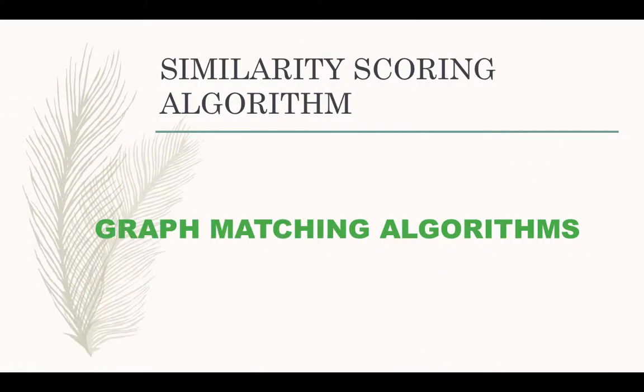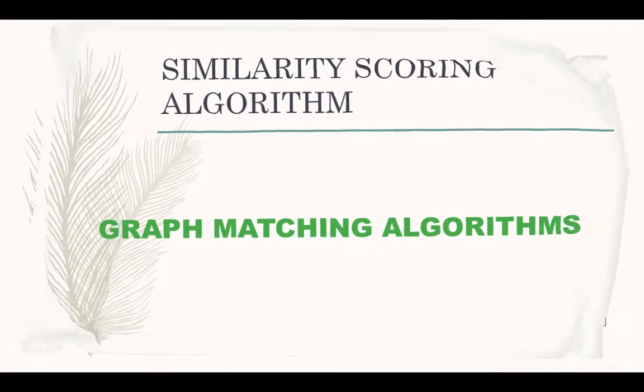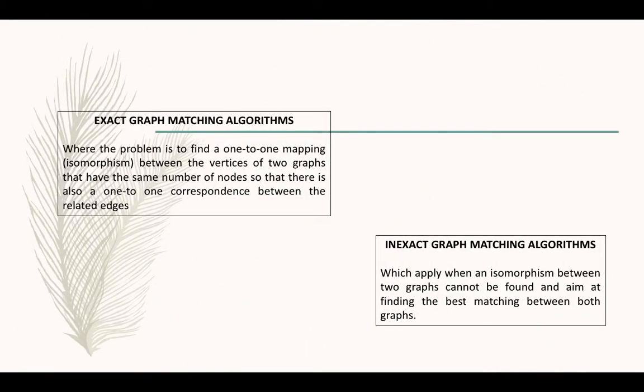Next, we see the similarity scoring algorithm in terms of graph matching algorithms. In graph matching, we have two kinds: exact and inexact graph matching algorithms. First, the exact graph matching algorithm, where the problem is to find a one-to-one mapping, an isomorphism, between the vertices of two graphs that have the same number of nodes, such that there is also a one-to-one correspondence between the related edges.